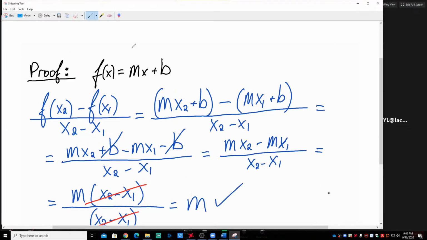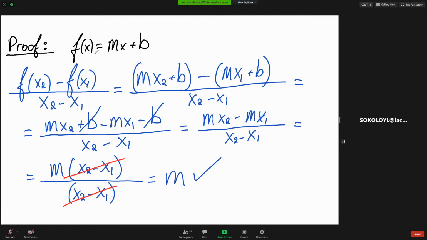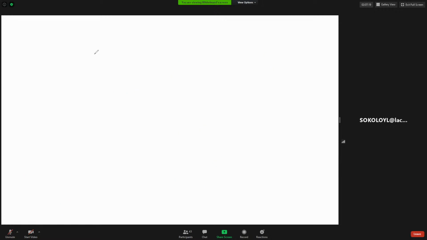All right, so let's see what type of examples we can do here. We will start with number 18. Few parts to this question. We're given h of x defined as -2/3 x plus 4. Part A is asking us to find the slope and the y-intercept.